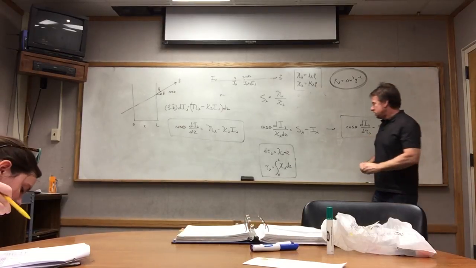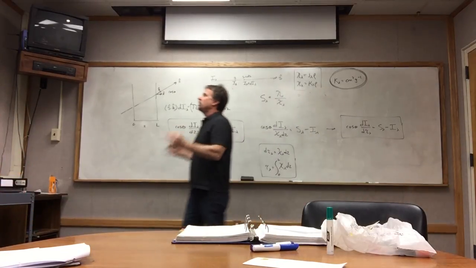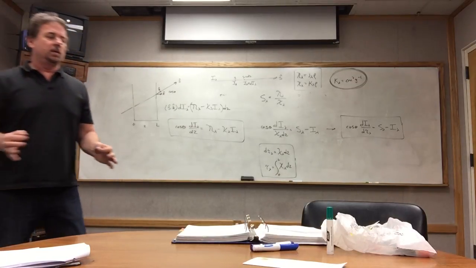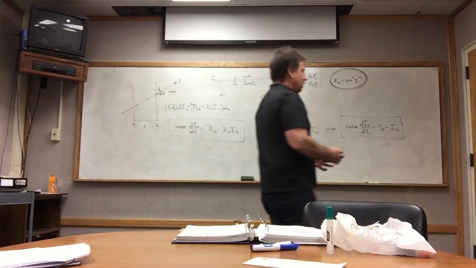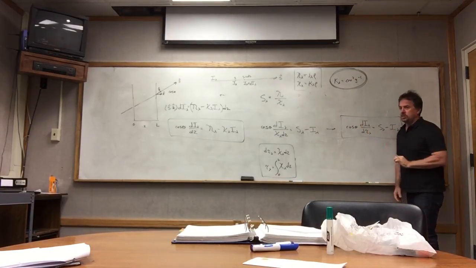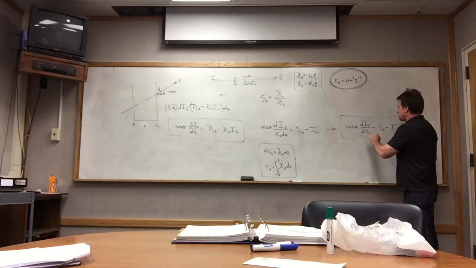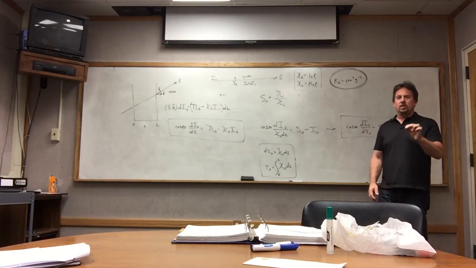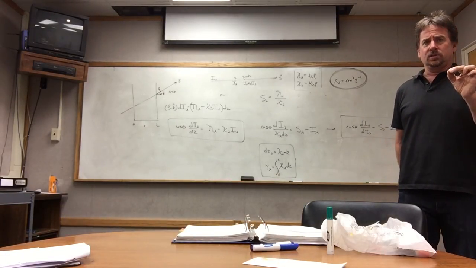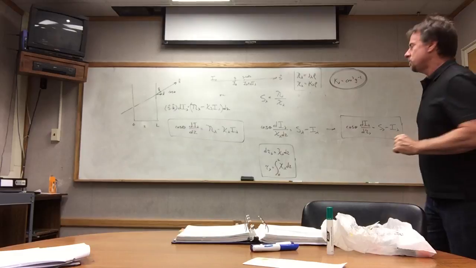Now, I need you to understand this critically important thing that I want to say. You might say, okay, I've got an equation of how an increment in the specific intensity downstream has changed, but that downstream is not measured in terms of a spatial variable. It's measured in terms of something called the optical depth.